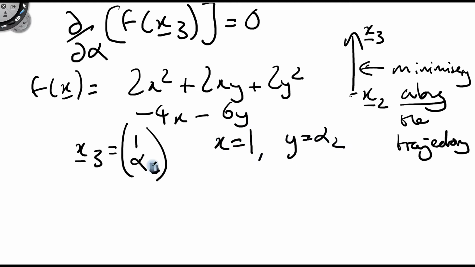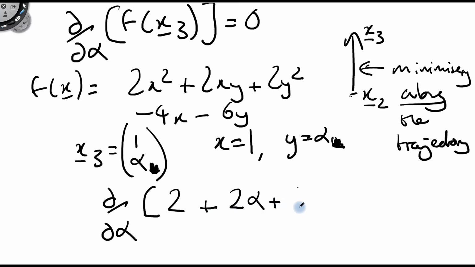We've just got alphas, x, y into this expression, and then differentiating with respect to alpha. So we end up with d by d alpha. So remember, x is 1, y is alpha, plus 2xy gives us 2 alpha, plus 2y squared gives us 2 alpha squared, minus 4x is minus 4, and minus 6y is 6 alpha.